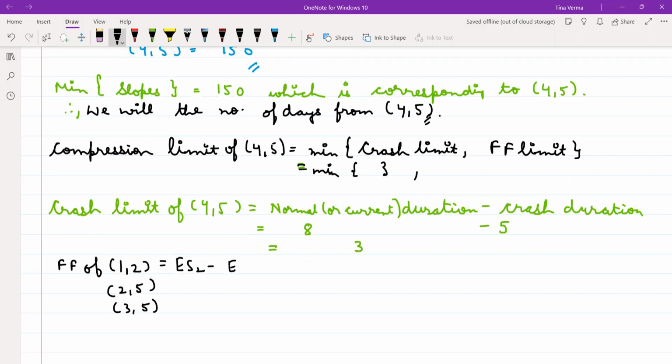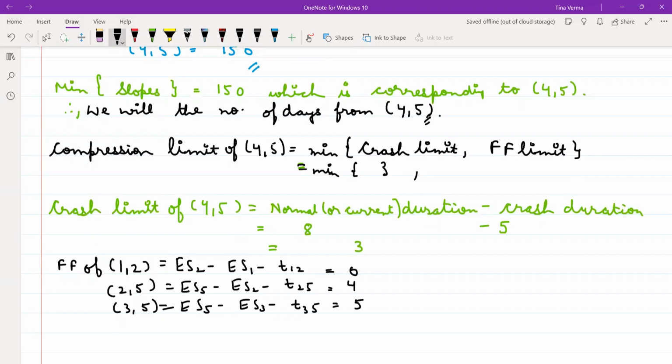ES2 minus ES1 minus T12, ES5 minus ES2 minus T25, ES5 minus ES3 minus T35. So this is coming out to be 0 and this is coming out to be your 4 and this is coming out to be your 5.